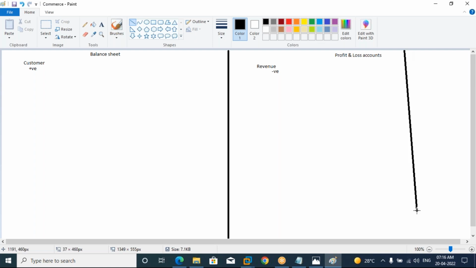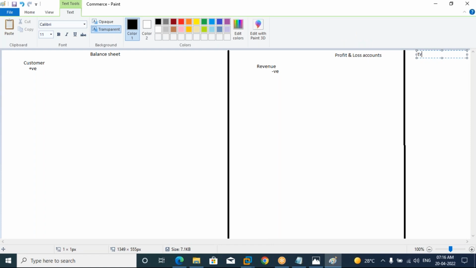At any point of time, the total trial balance is always the sum of the positive and the negative amounts, and the total is equal to 0.